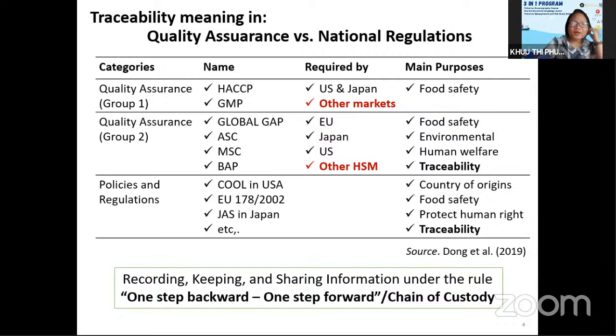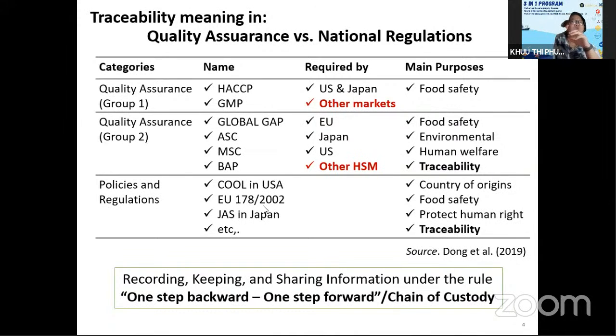Actually, the first is policy and regulation, because those regulations come from national laws.